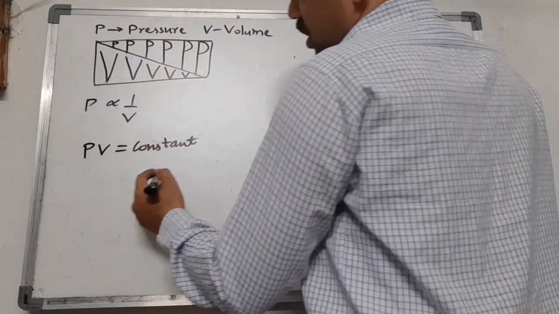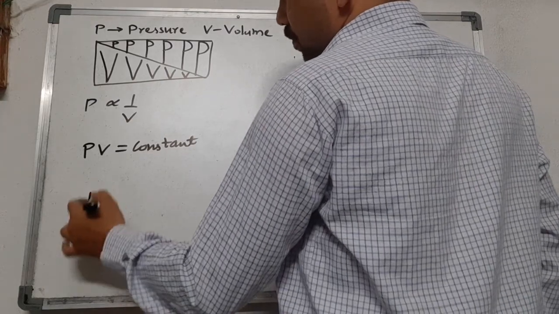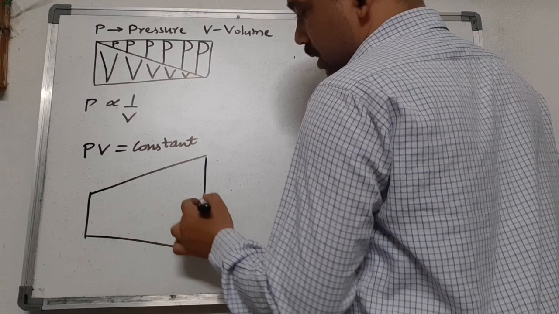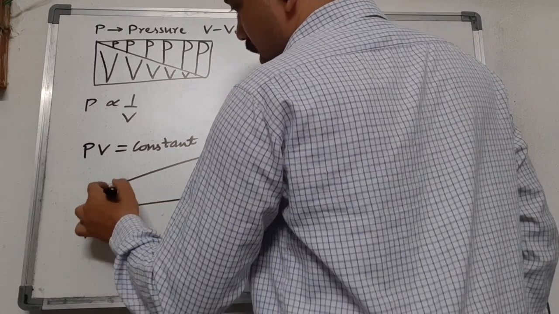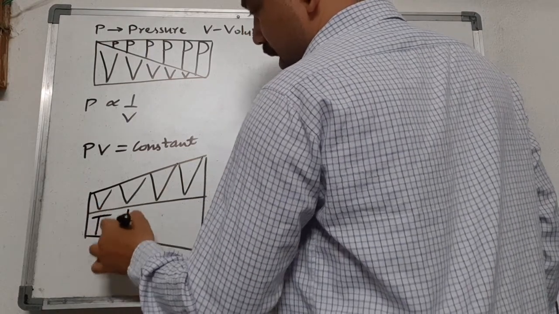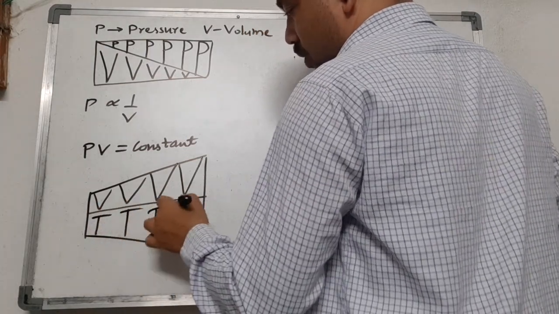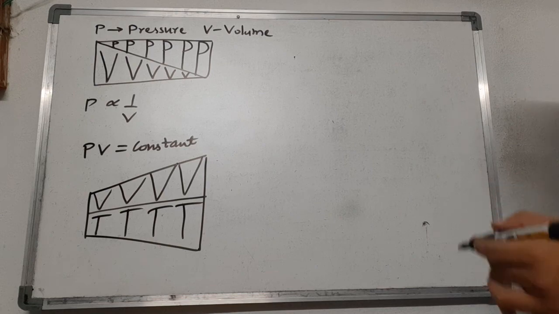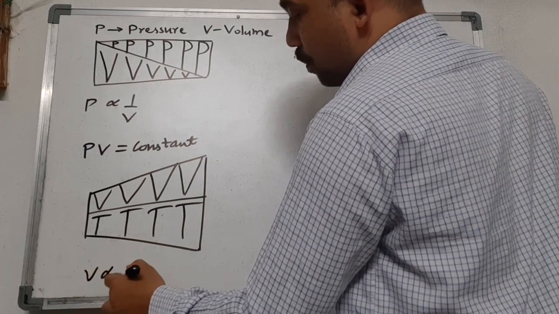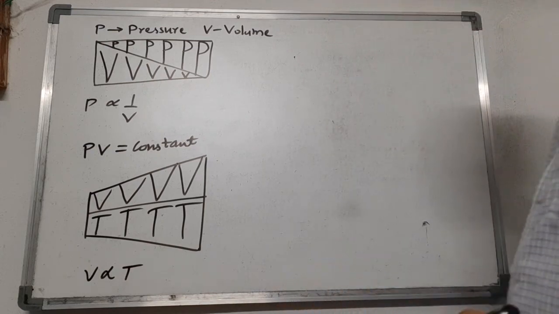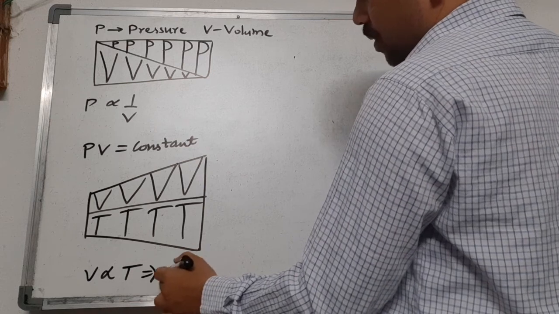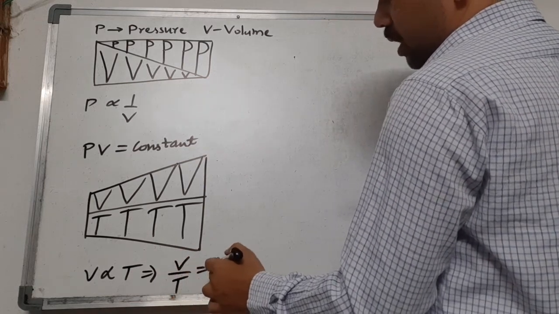And Charles' law says that volume increases because the temperature increases. So V is directly proportional to temperature, and from this relation we get that V by T is equal to constant.